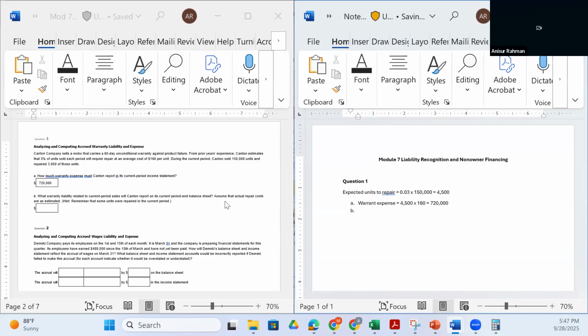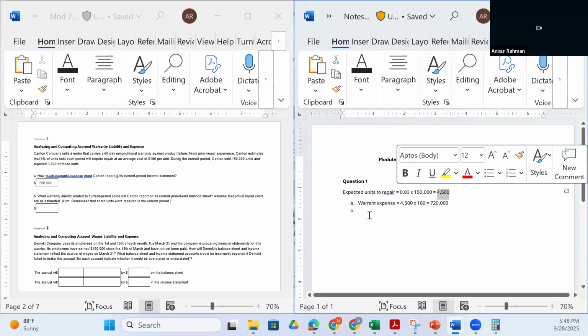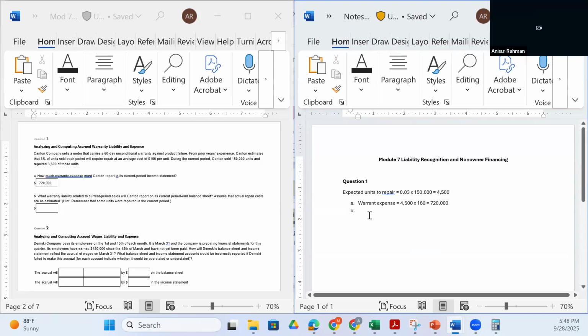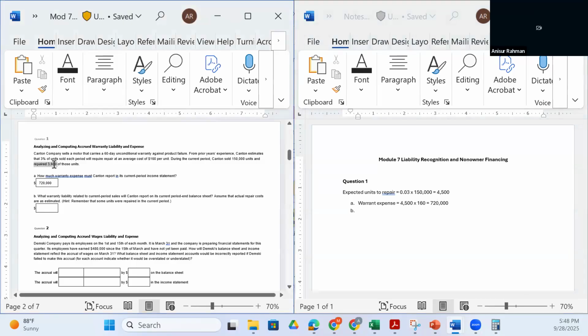Now on the balance sheet, this company expected to repair 4,500 when they forecasted at the beginning of the year. But eventually, they actually repaired 3,600 of those during the current year.